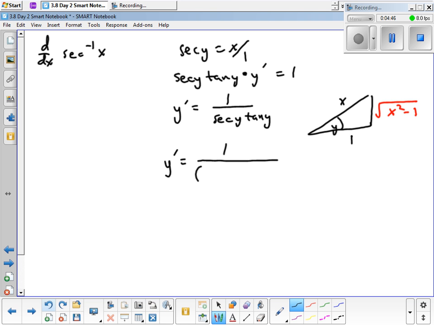Secant is hypotenuse over adjacent, and tangent is opposite over adjacent. So we just end up with the derivative of inverse secant is 1 over x square root of x squared minus 1.